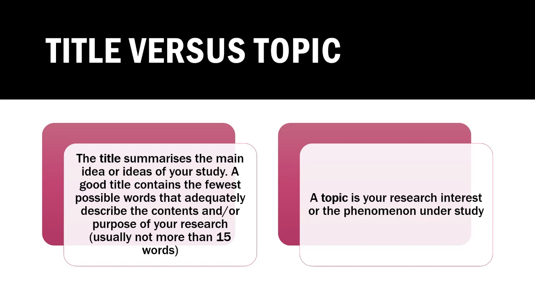So often your title would foreground your unique contribution that your thesis is contributing to. Whereas your topic is your broad research interest of the phenomenon under study. So the title is a succinct summary of your study, where a topic is your broader research interest.